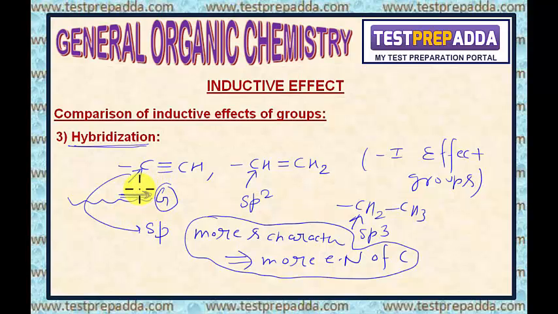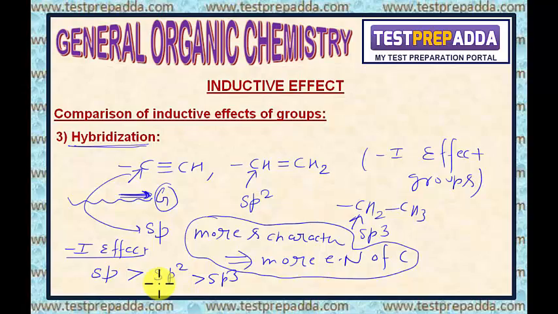So what conclusion can we draw from here? For the minus I effect, the sp hybridized carbon will show greater negative I effect as compared to sp2 hybridized, as compared to sp3 hybridized.